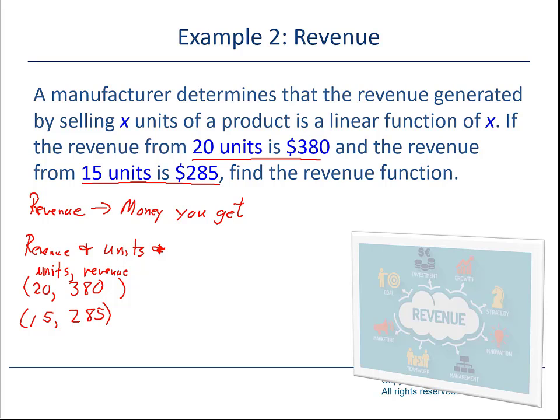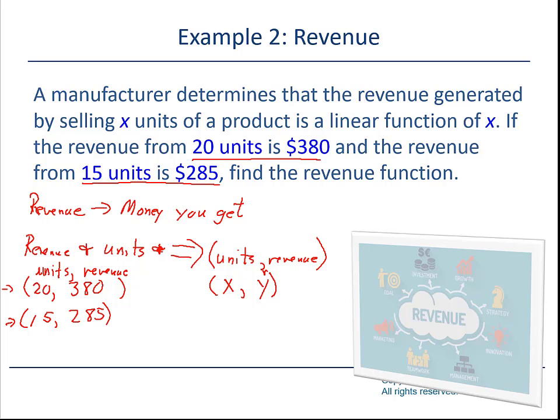So before you write these down, you might want to write something like this: units, revenue. This is how your ordered pairs go. That way you don't accidentally mix these two up. And the units, maybe you're going to call X, and the revenue, maybe you want to call it Y, or R. That's up to you.